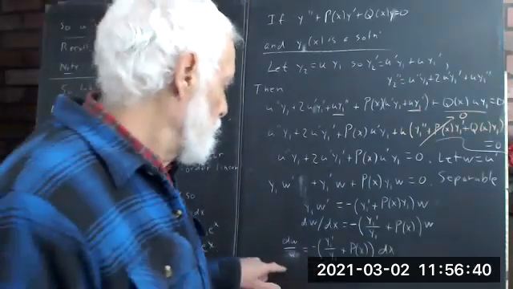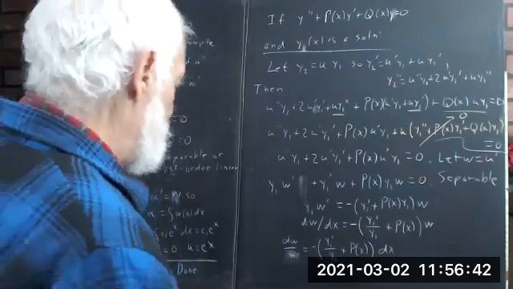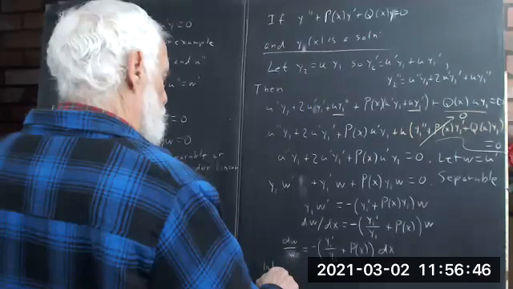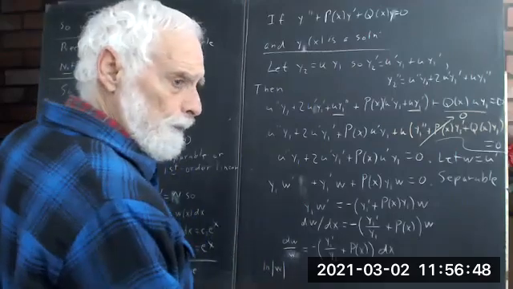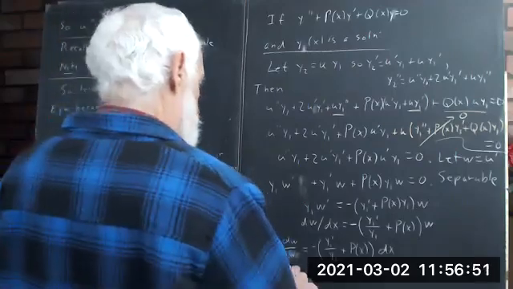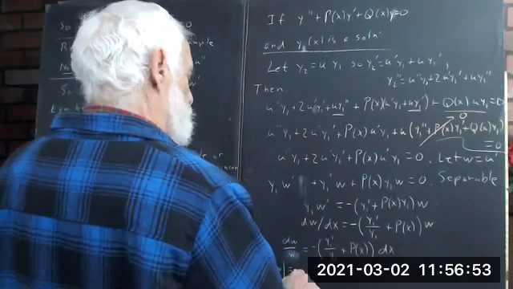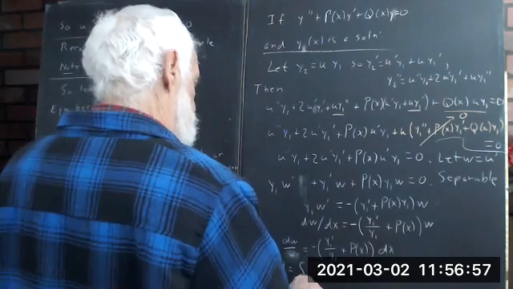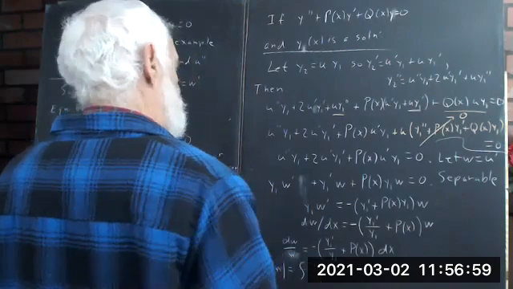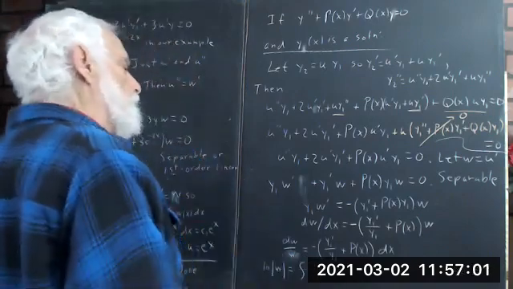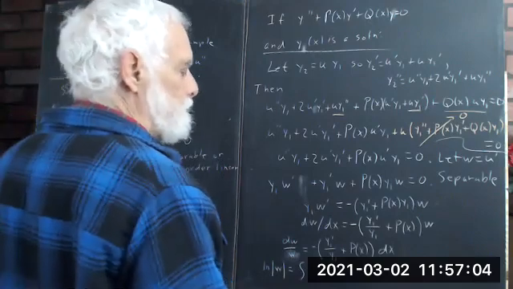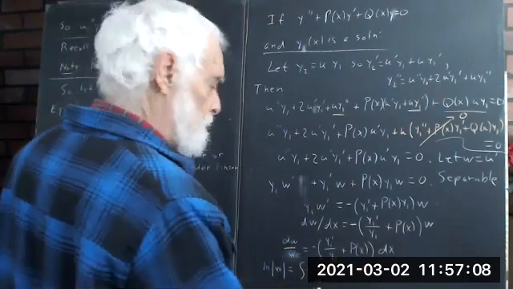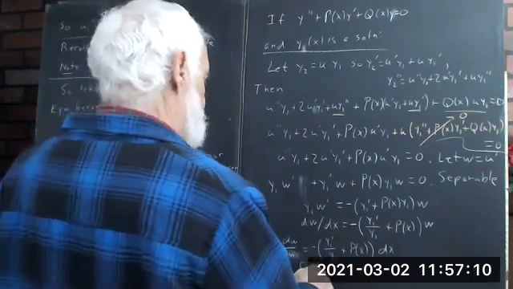Okay, so we have this, so that the natural log of the absolute value of w is equal to the integral of, I'm going to separate this into two terms.